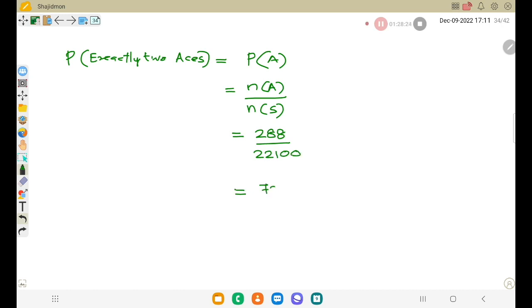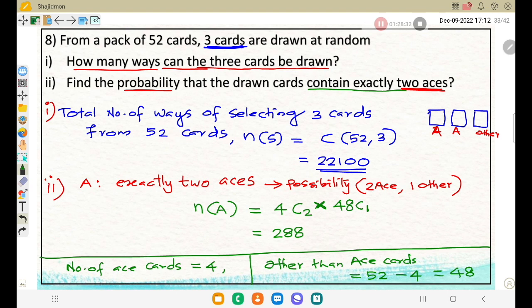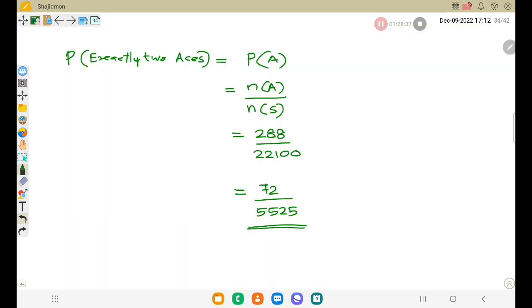So we will get 72 divided by 5525. This is the answer to the question: what is the probability of exactly 2 aces? 72 divided by 5525. Hope you understood that question.